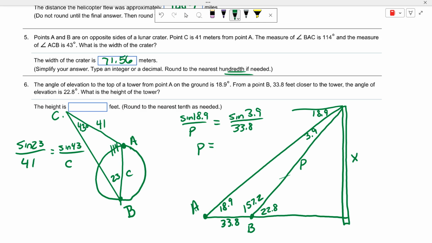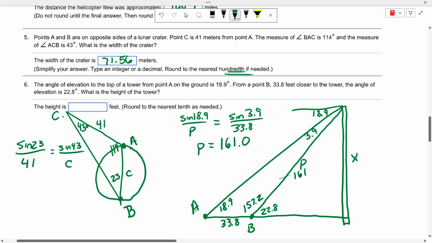Should be pretty big. 161. Do we have a decimal on that at all? It was 160.96. Okay, so 161.0.